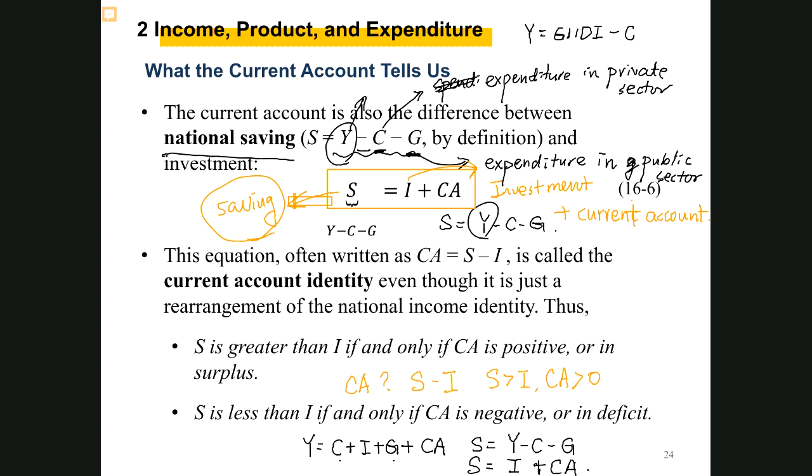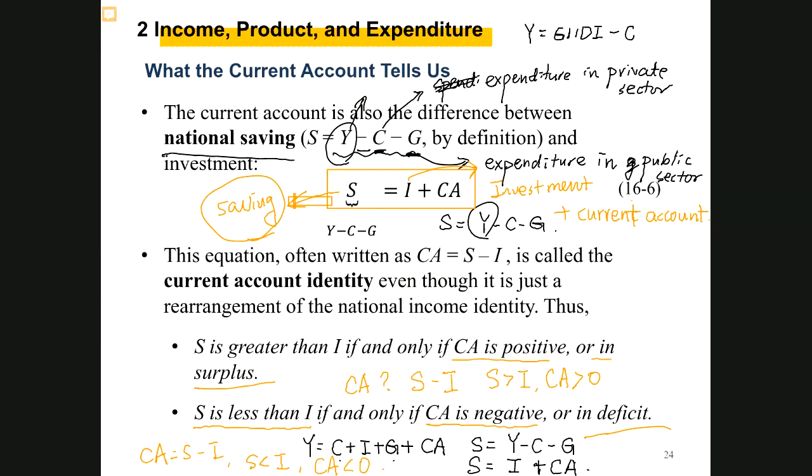All right, and in this case, we call it current account in surplus. If, on the other hand, S is less than I, CA will be negative, and we call it current account in deficit, right?